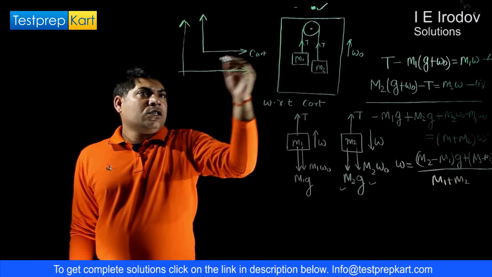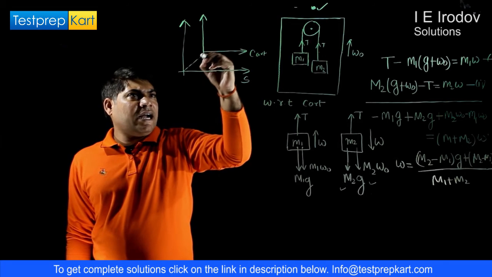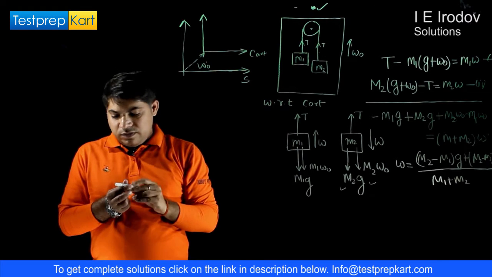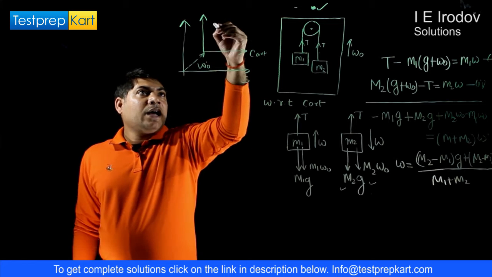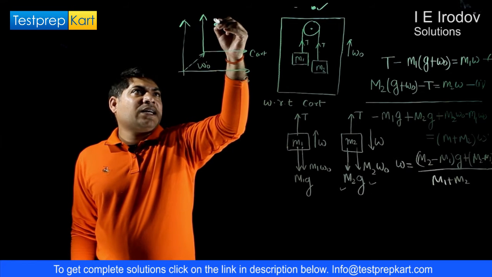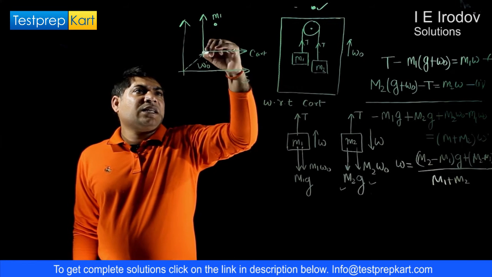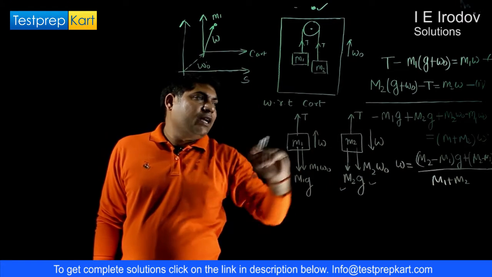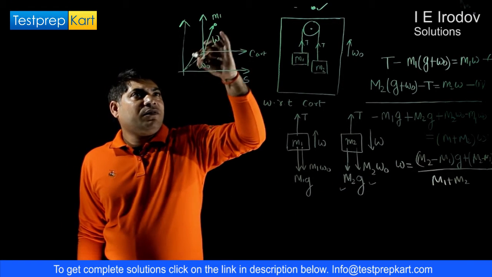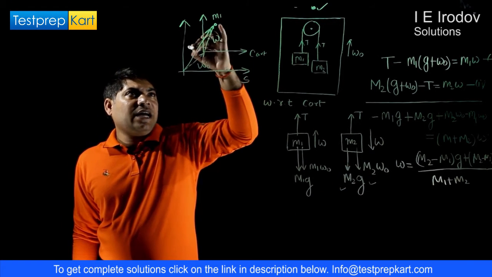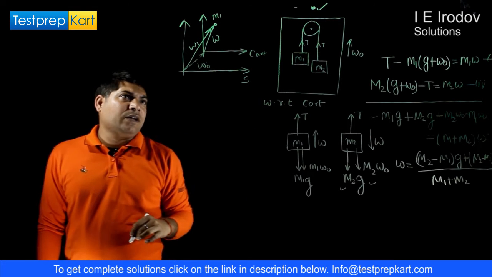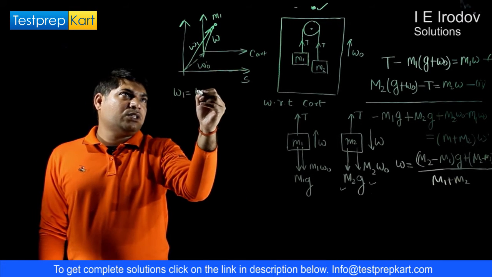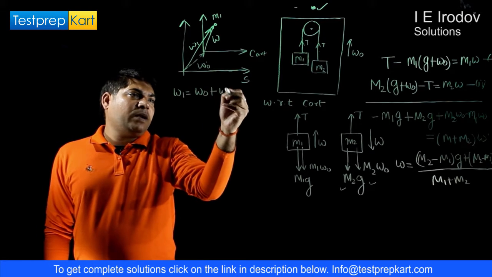With respect to this shaft, the cart is moving with acceleration omega naught, which is already given, and this is, let's assume, mass M1. Mass M1 is moving with acceleration omega. We already calculated this. Now we have to calculate this acceleration omega 1. So from the vector sum we can write omega 1 is equal to omega naught plus omega.